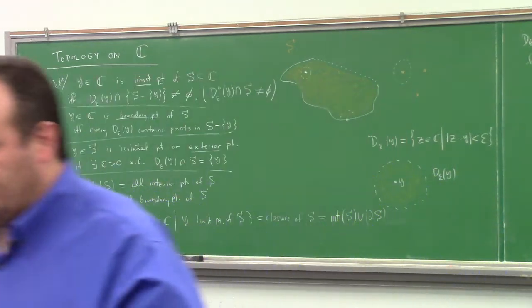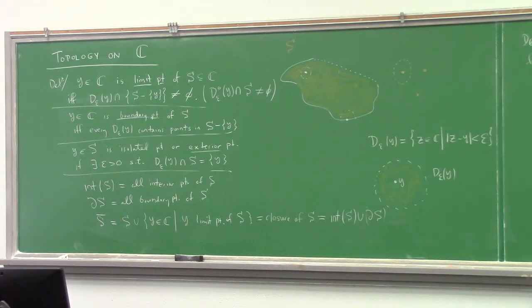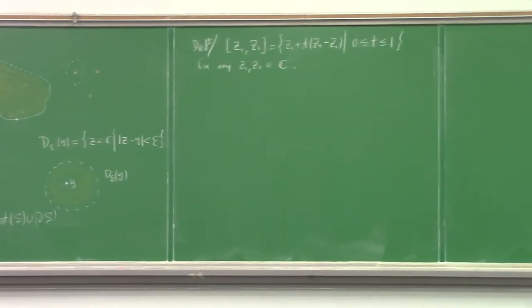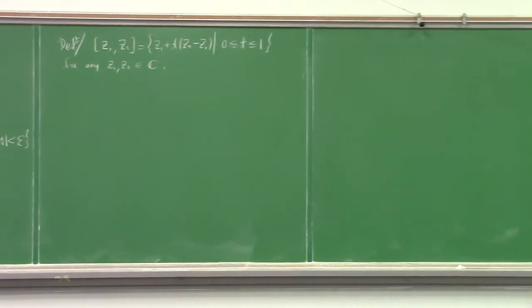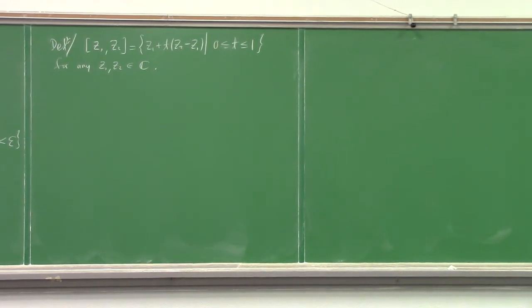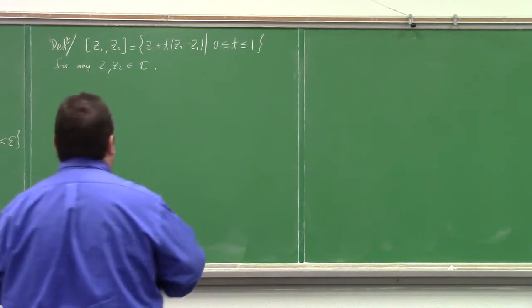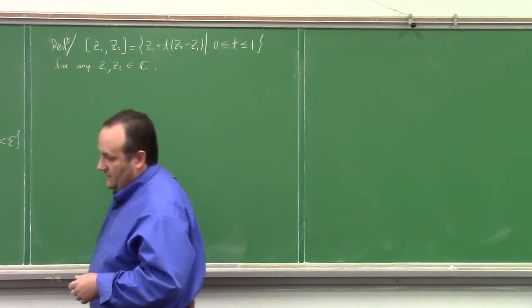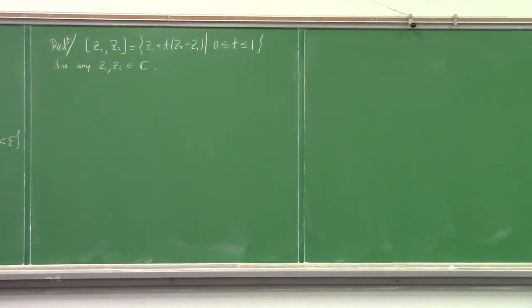This is the so-called directed line segment from Z1 to Z2. So we're generalizing interval notation a bit. You should recognize this is just the formula for parametrizing a line that goes from Z1 to Z2. If you plug t equal to 0, you get Z1. If you plug t equal to 1, you get Z2. And as t varies from 0 to 1, you get the whole segment.